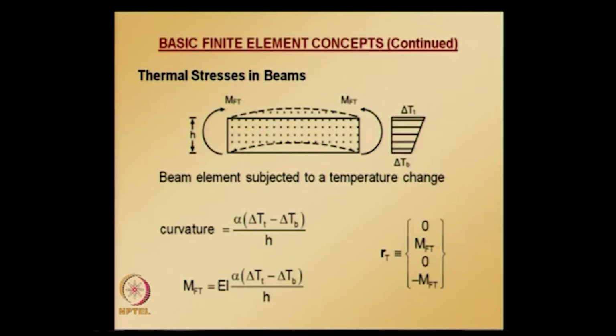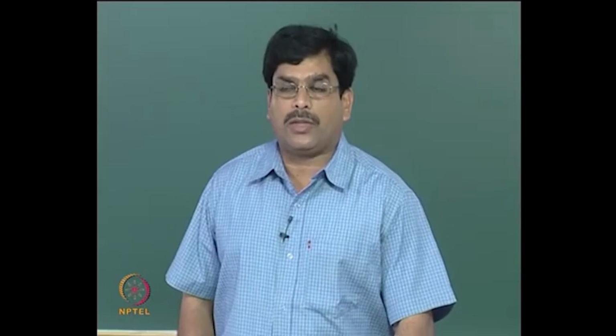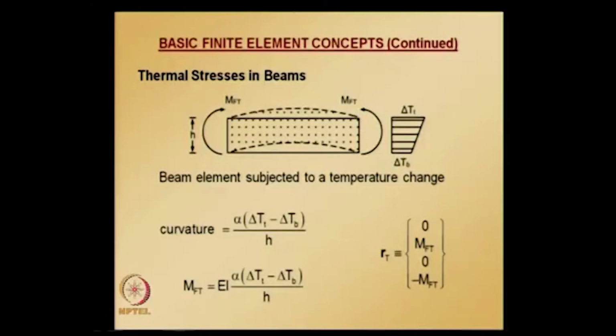And once we get these values, we can go back to each element. Since the beam is subjected to thermal stresses, it is subjected to uniform moment, so we need to apply a fixed end correction to the final solution that we get from finite element.